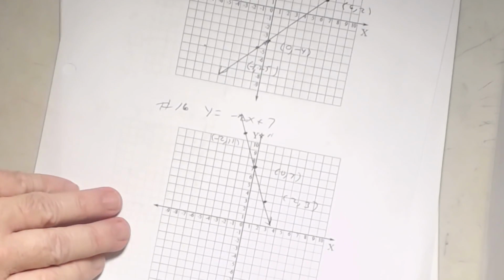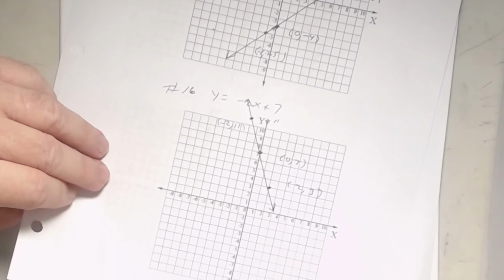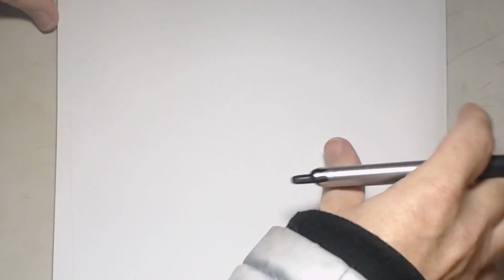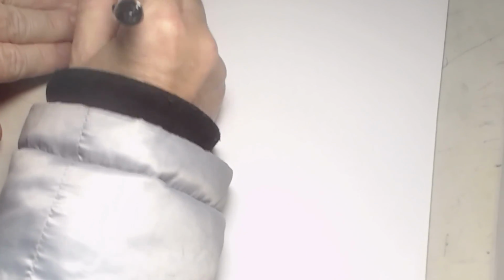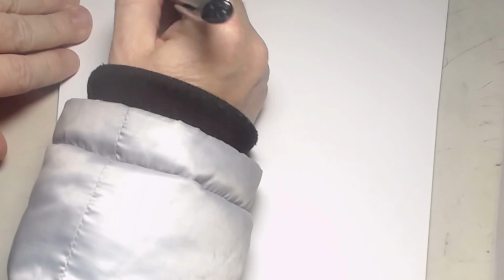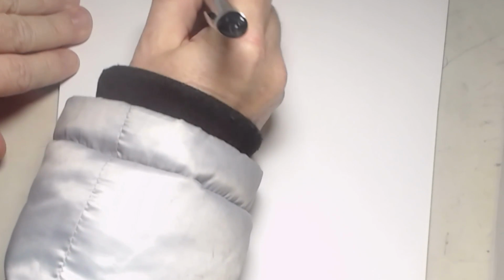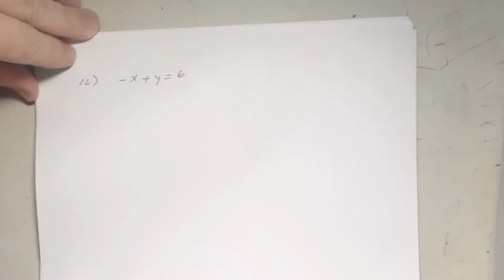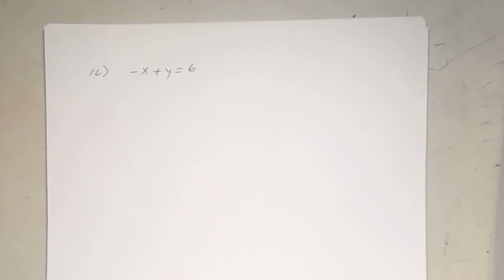All right. Now, let's look at number 12. You have -x plus y equals 6. Now guys, you see how the variables are on the same side?